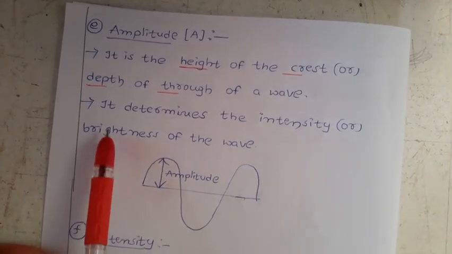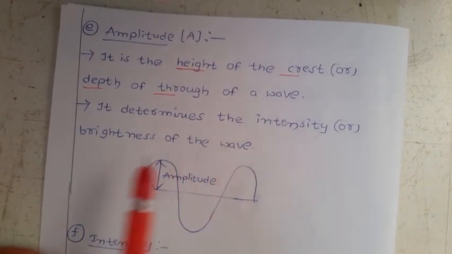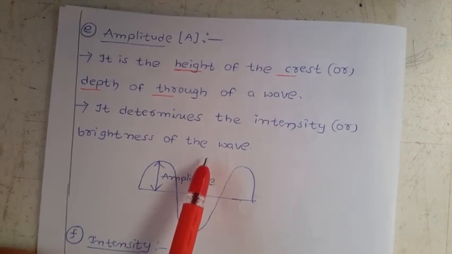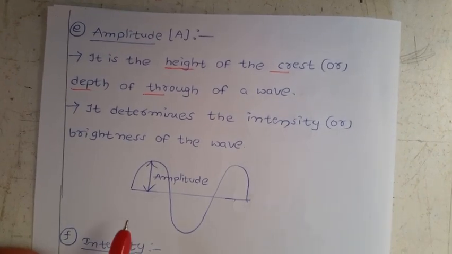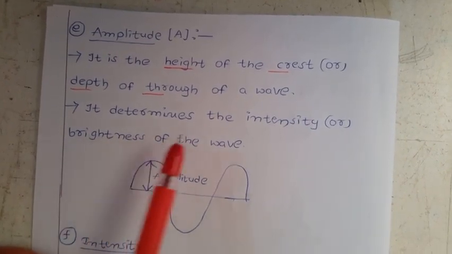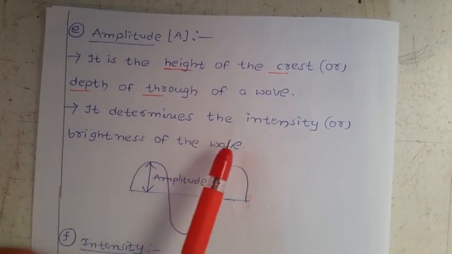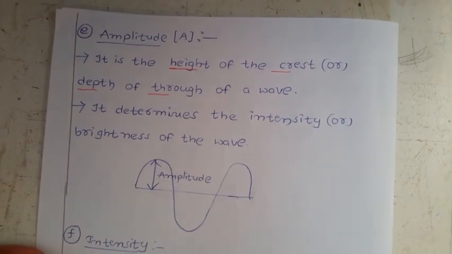Now, what does it determine? It determines the intensity or brightness of the wave. You know very well, when we use the mobile, we change some brightness, isn't it? That is determined by the intensity. The amplitude determines the intensity or brightness of the wave.